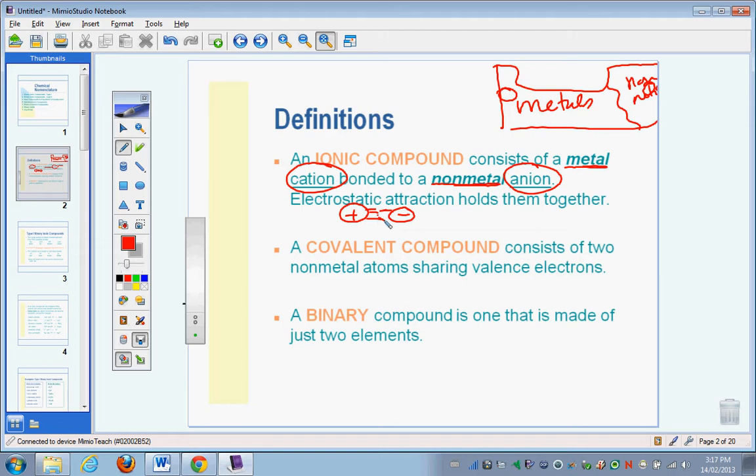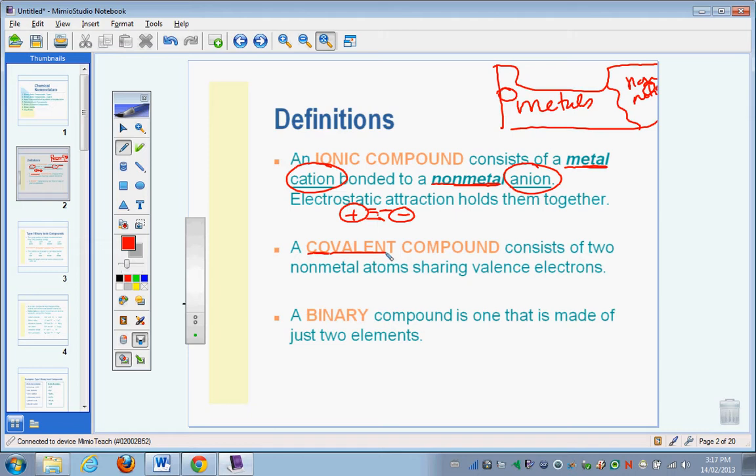So covalent, the prefix co, implies together, sharing, and valent implies valence electrons. So rather than me giving away an electron and becoming positive, and you taking an electron and becoming negative, and then there being an attraction, opposites attract, instead we'll share electrons.